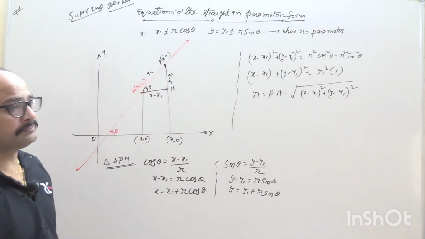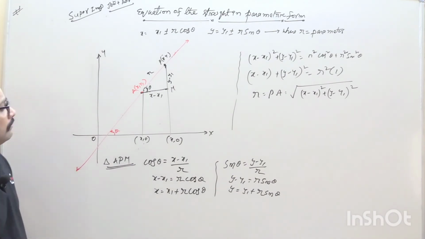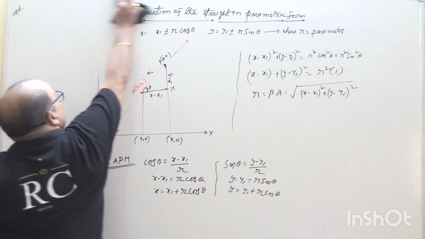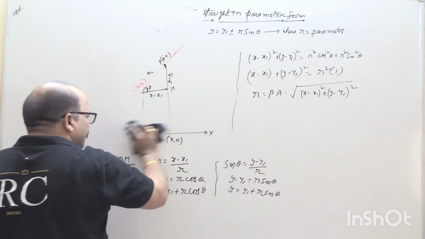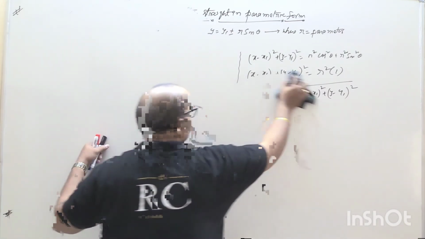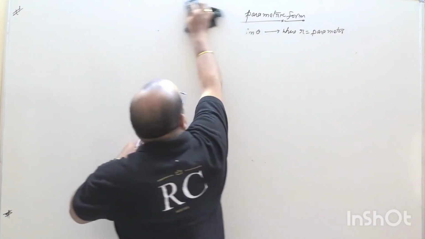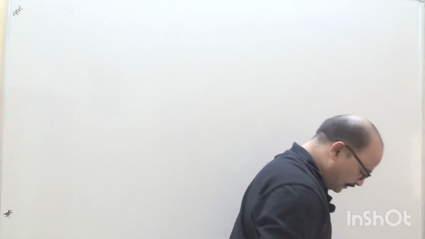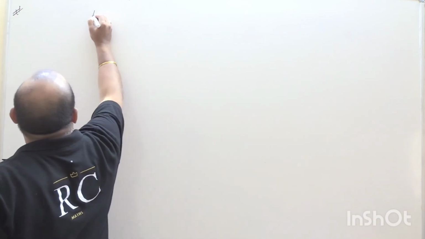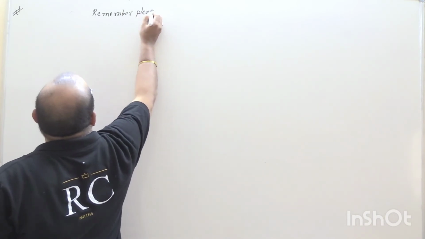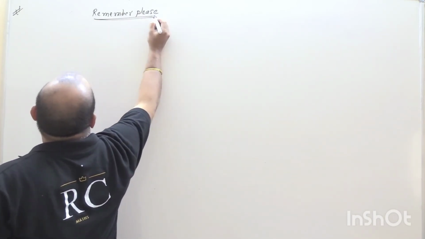Shall I rub, students? Okay, now write point-wise. These points that I am writing now are very important. Write number 1. Remember please, all of you. Students, most important, just analyze the concept.